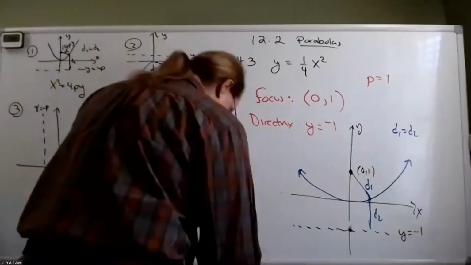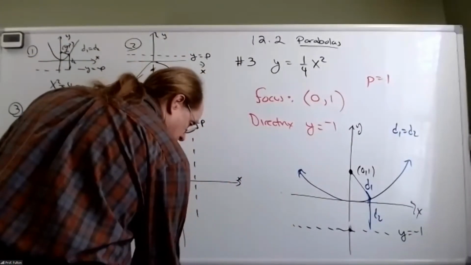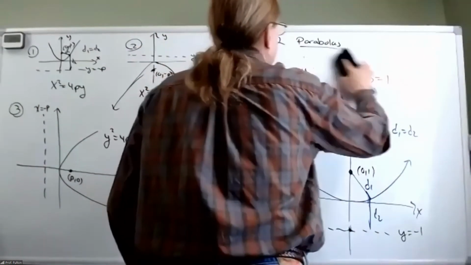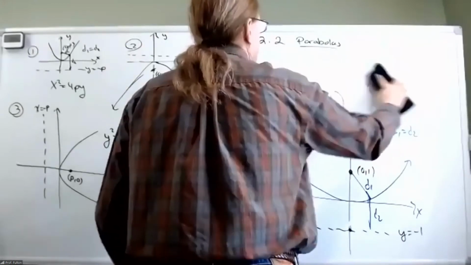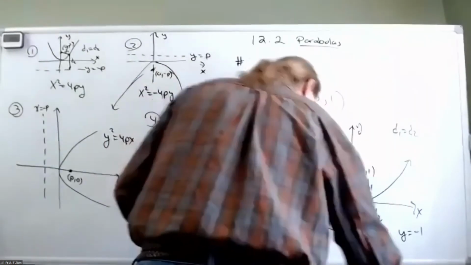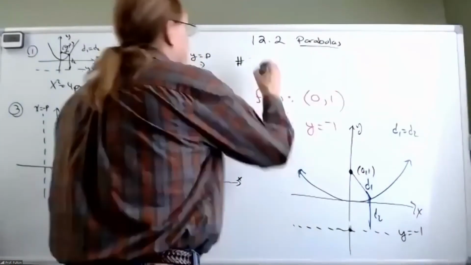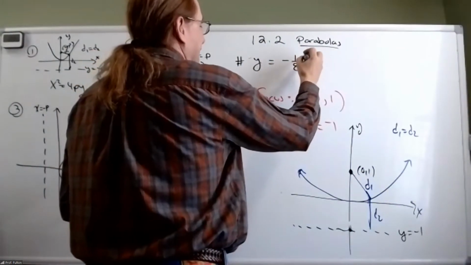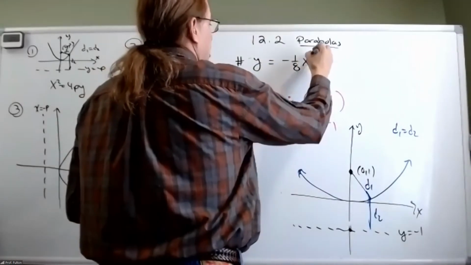Let me have you try the last one on your own. We have y is equal to -1/8 x squared.